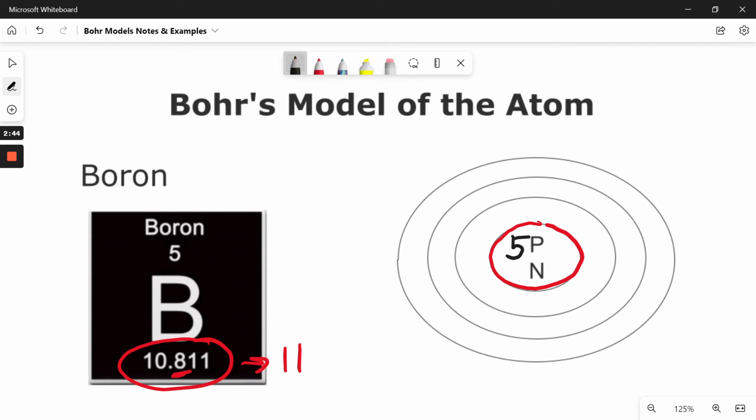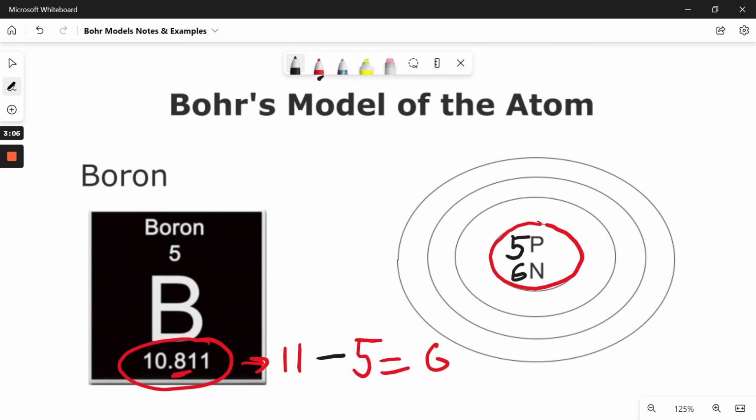And we take our mass number minus 5, which is our atomic number. And that's going to give us our number of neutrons, which is going to be 6. So I am going to go ahead and write that in. Hopefully you are experts at finding the number of neutrons at this point.